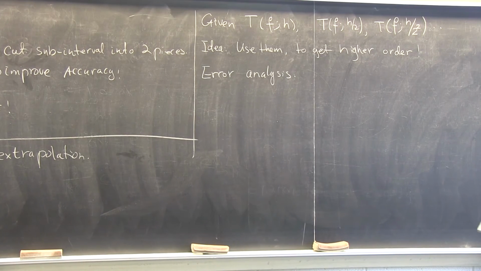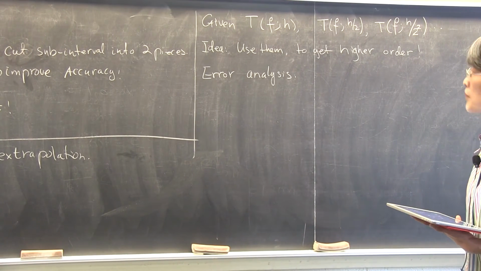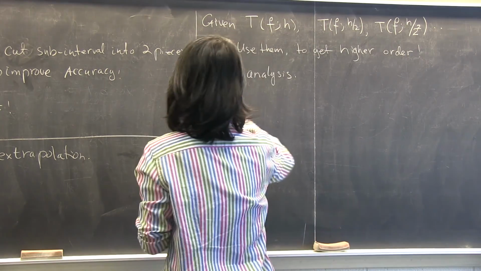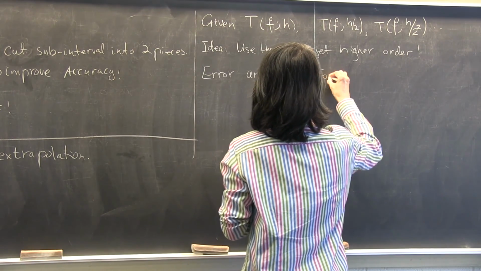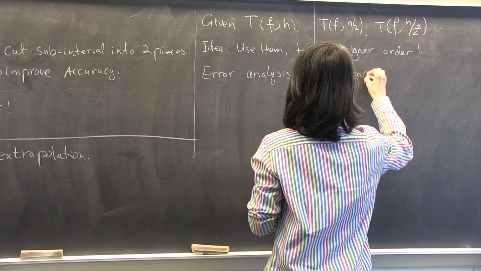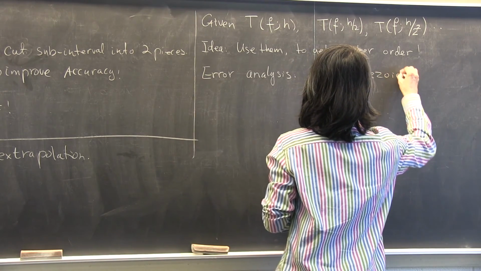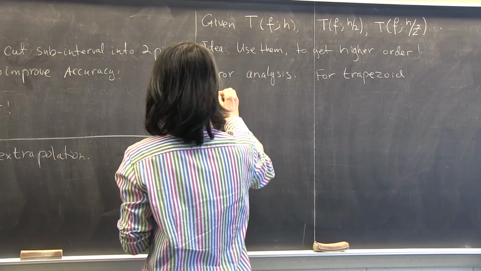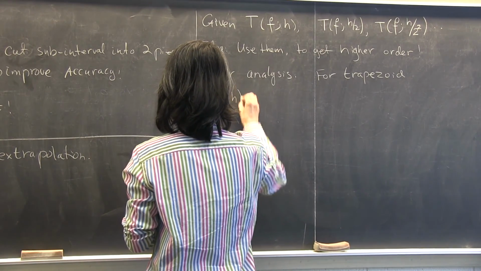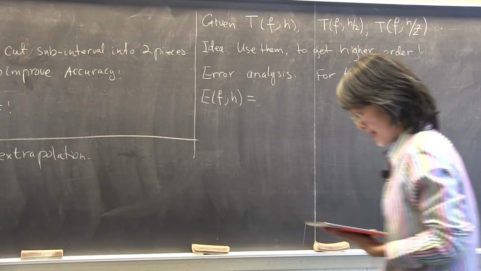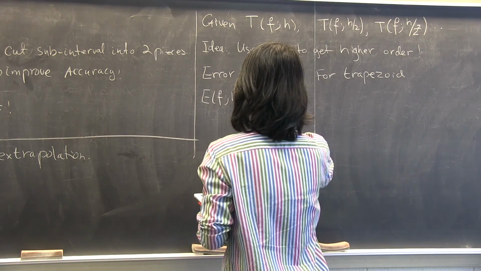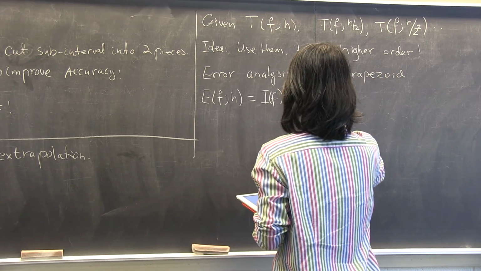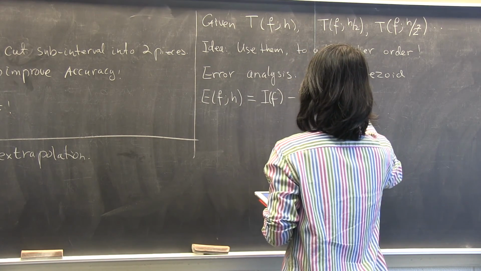So assuming now your error for the trapezoid rule follows the following. Error analysis for the trapezoid rule. Let's see, the error E for function f with interval length h will be the integral of f minus your trapezoid rule with length h.